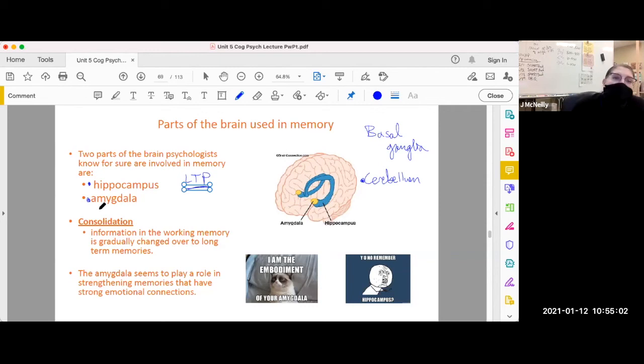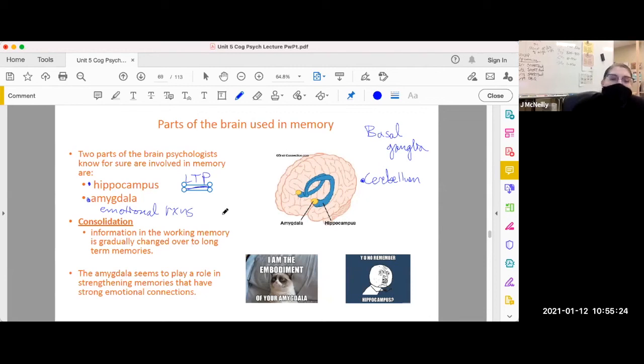Remember that the amygdala is responsible for our emotional reactions, as well as our social and sexual behavior. Remember that emotions can more strongly imprint memories, like with flashbulb memories, which are episodic memories from long-term memory.